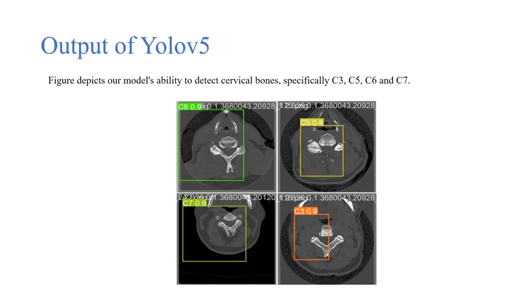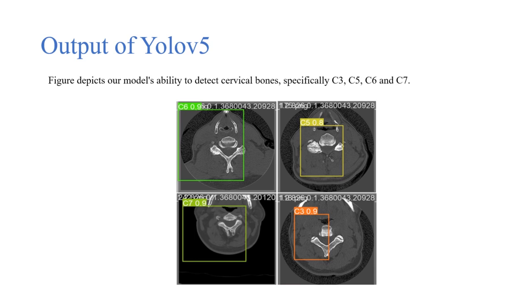So next, our output of YOLO V5. In this figure, our model's effectiveness in detecting the cervical spine is vividly illustrated. The results showcase the remarkable accuracy of our system, with specific instances highlighted.